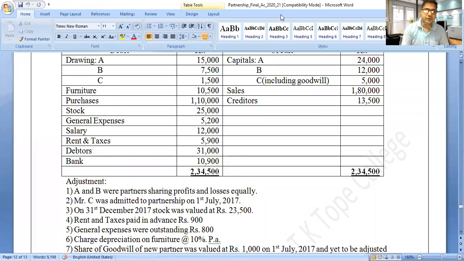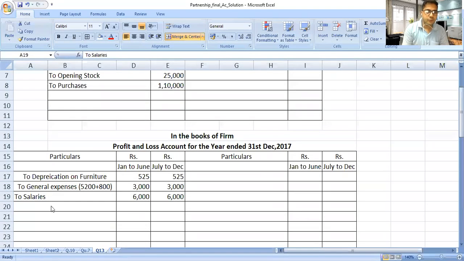So prepaid, we will deduct it. So we have to write here, to rent and taxes.